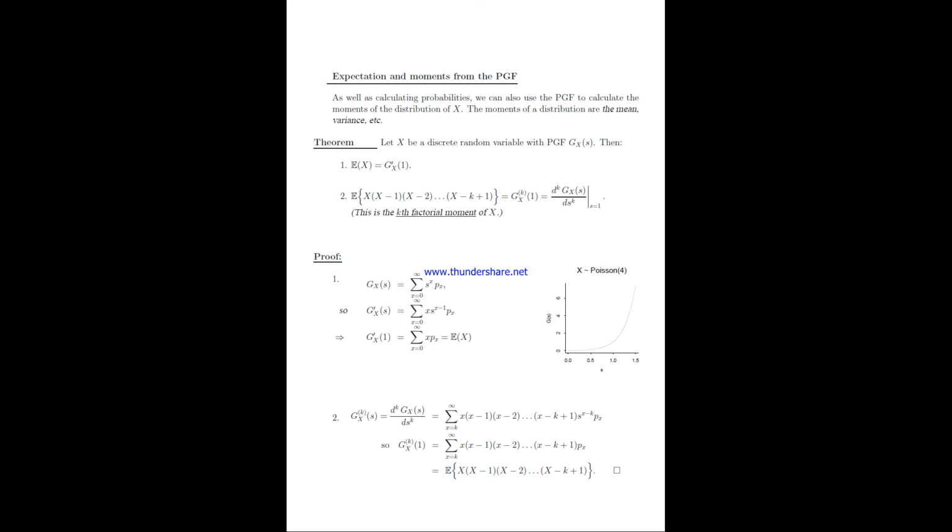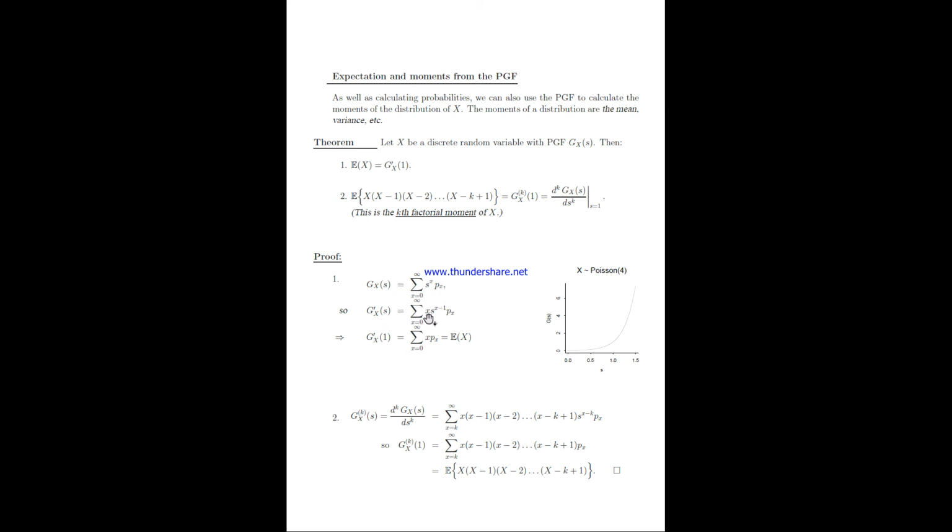So let's see what will happen when you take the kth derivative and substitute 1. When you take the probability generating function, this is the first derivative.